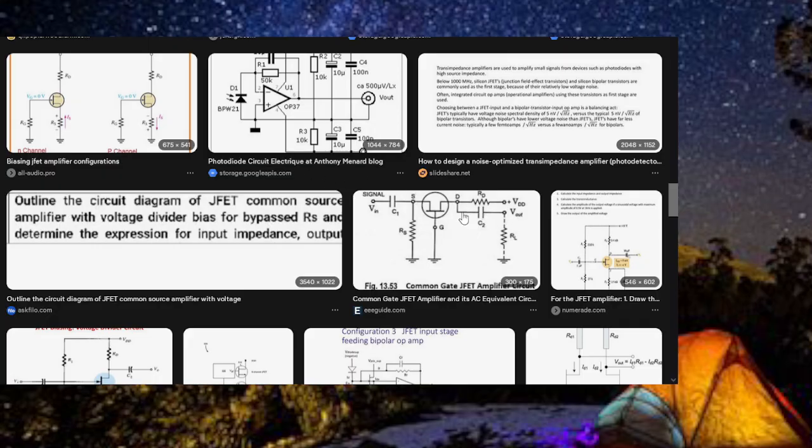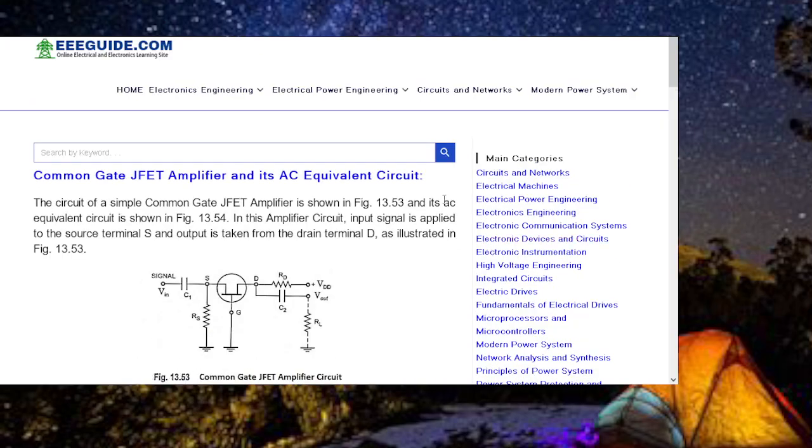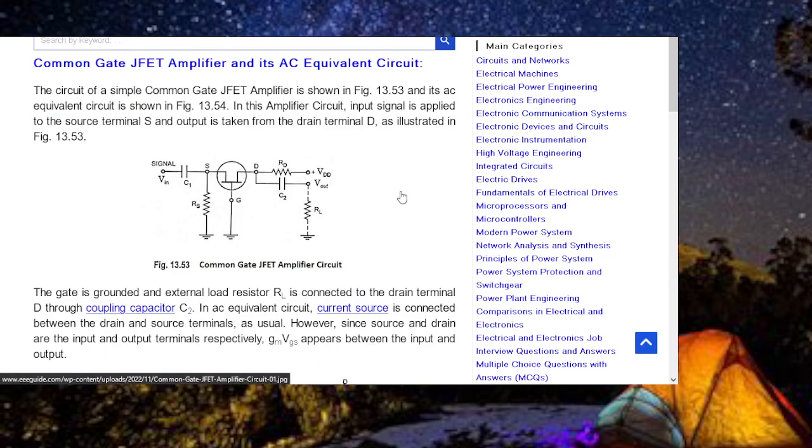Well, that's a different kind of common gate JFET amplifier. And its AC equivalent circuit. The gate is grounded and external load resistor R is connected to the drain terminal, decoupling capacitor.